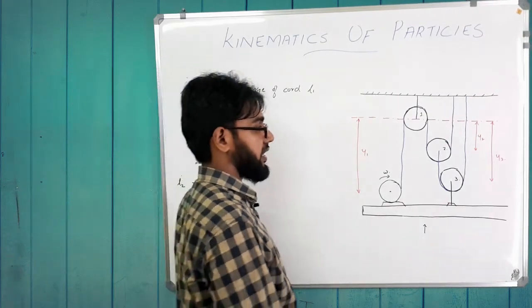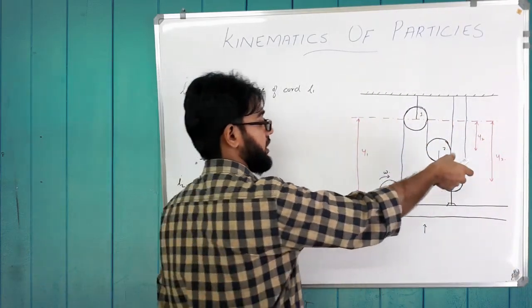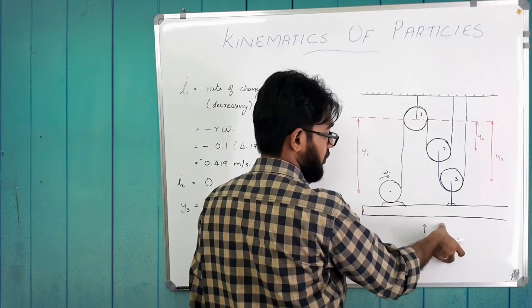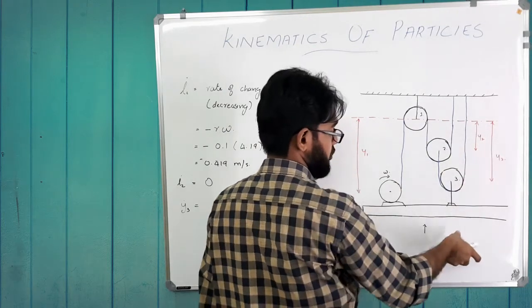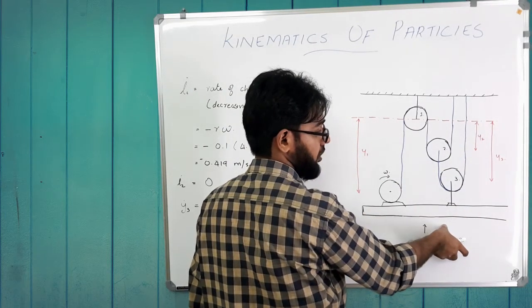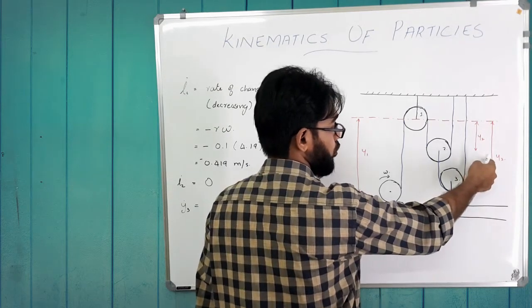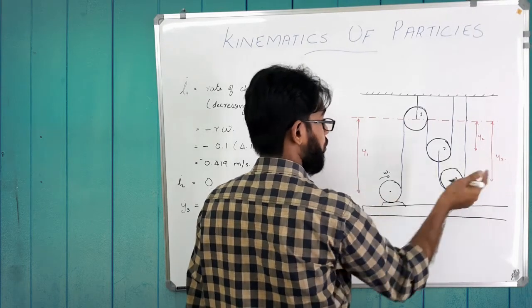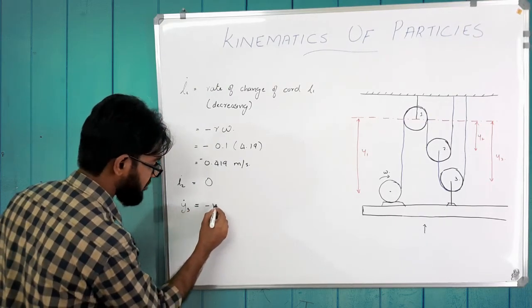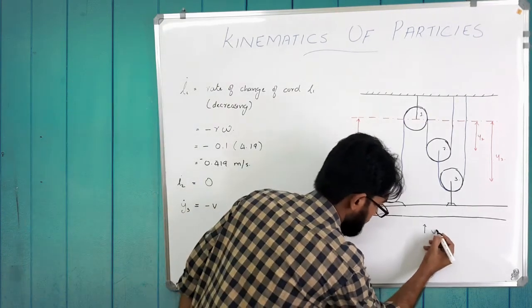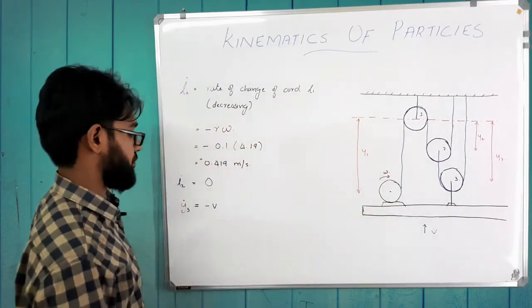The rate of change of Y3 is actually equal to the velocity of this scaffold. Since this velocity is upwards, that is opposite to the corresponding value of y3, y3 dot will be equal to minus v, where v is the velocity by which the scaffold moves up when this pulley system works.